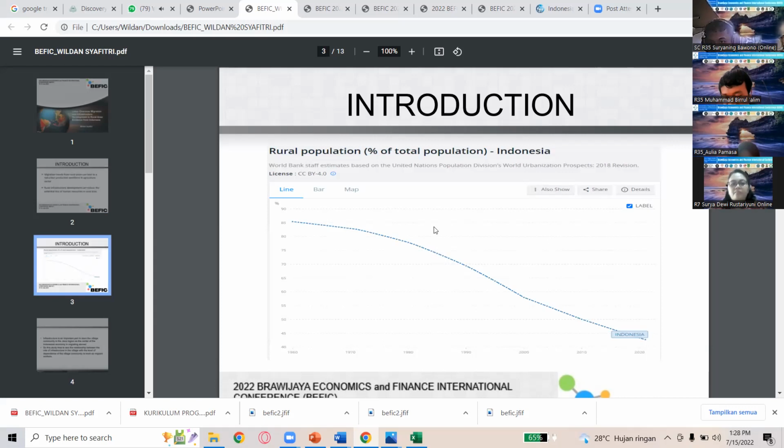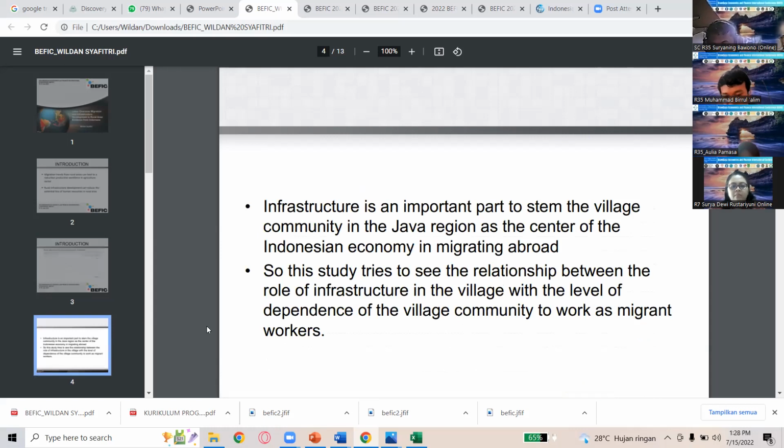Also, because of the lack of work participation in the agriculture sector, especially for women, women tend to work in urban areas, almost abroad. Infrastructure is important. It is a pastime in village communities in the Java region, the center of the Indonesian economy, to migrate abroad.